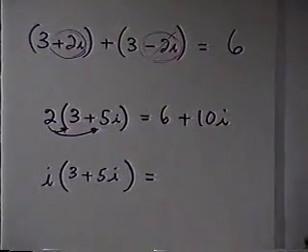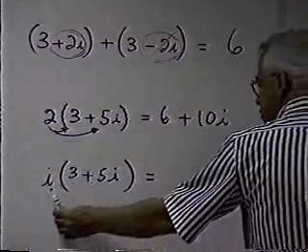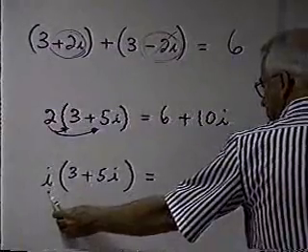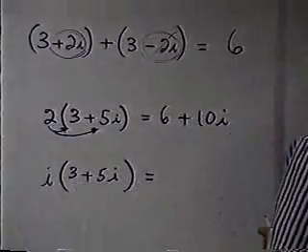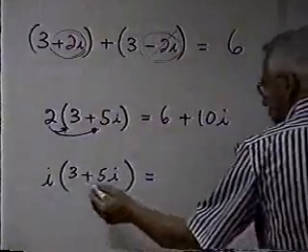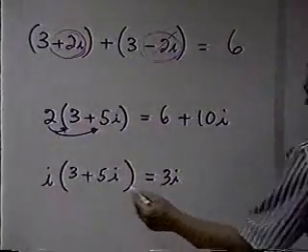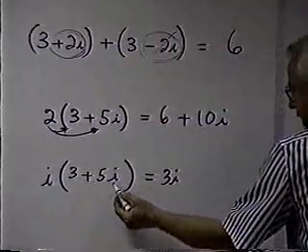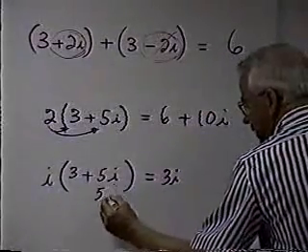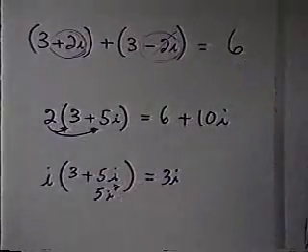So let's take the next case. What if this is the imaginary part of a complex number times a complex number? Well, i times 3 is 3i. i times 5i is 5i squared.